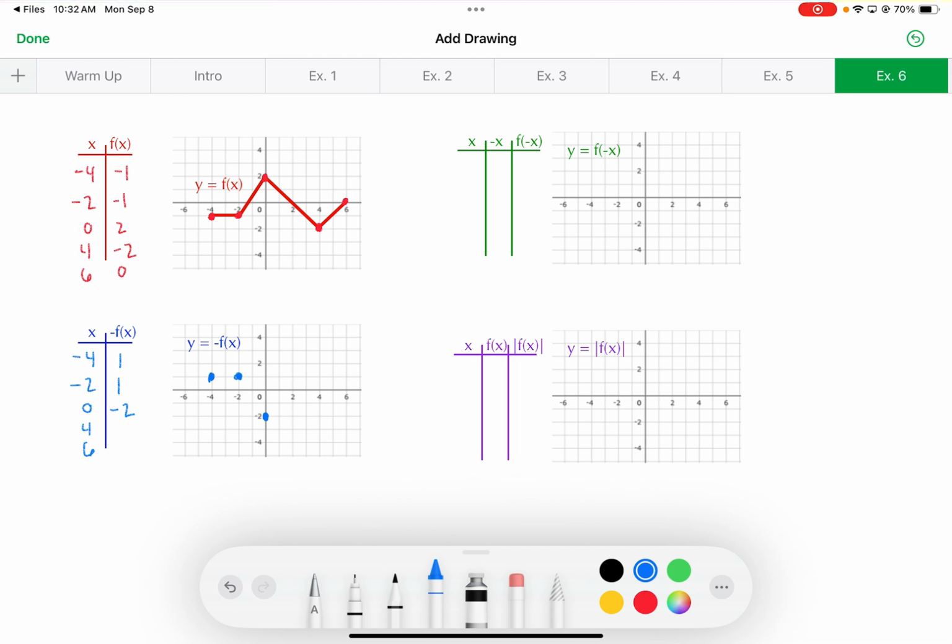If I plug 4 into f, by the red function I get negative 2, but then I change the sign on that to being positive 2. All right, and then if I plug 6 into f, I get a 0 out. Change the sign on 0, it's still 0.